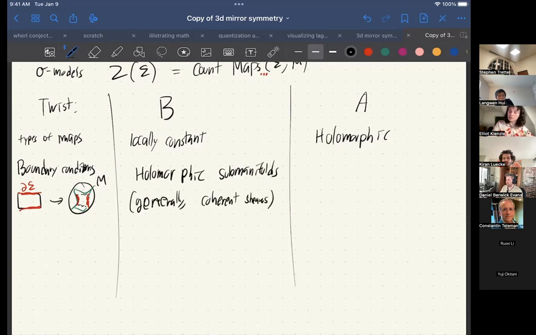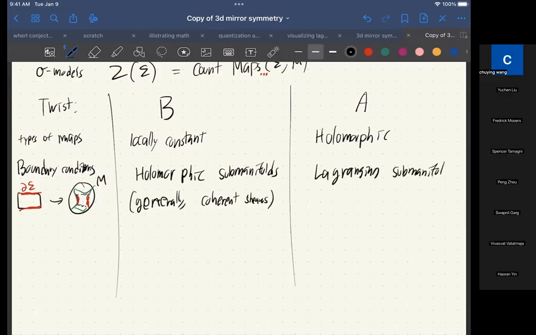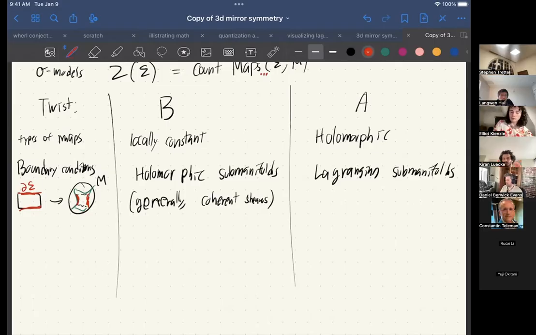In the A twist, you're going to have Lagrangian submanifolds. From this structure of the submanifolds, we see that the B twist sees the complex structure of the manifold, whereas the A twist is the symplectic side. It sees the symplectic structure.